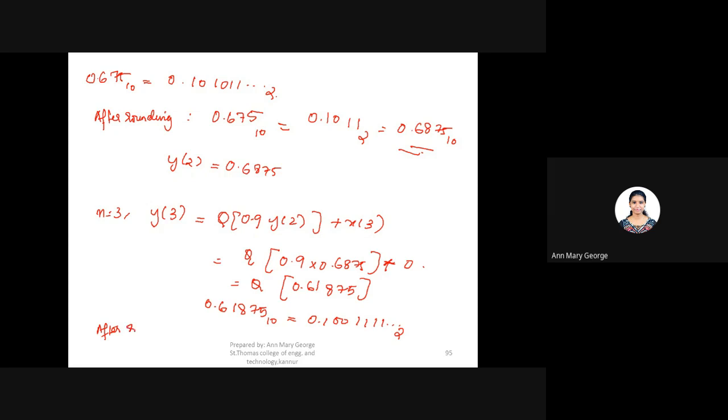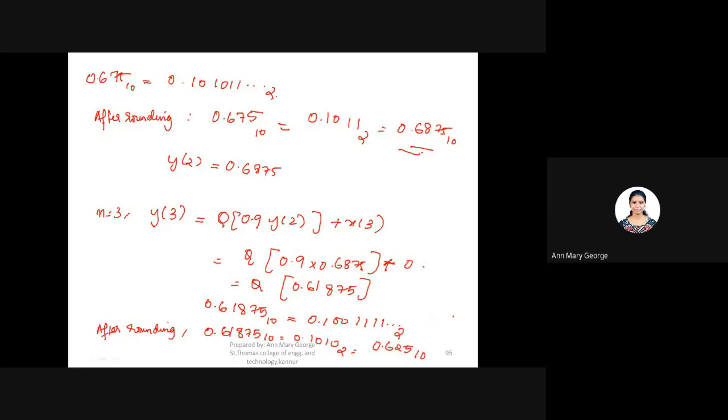After rounding, you will get it as 0.1010, that is 0.625.